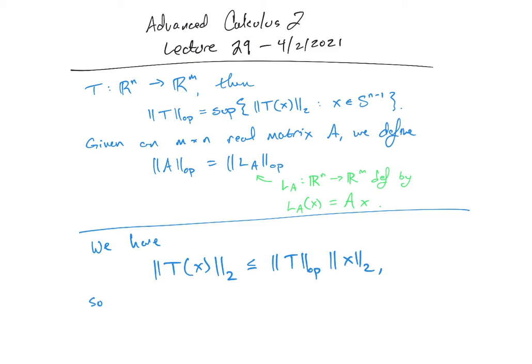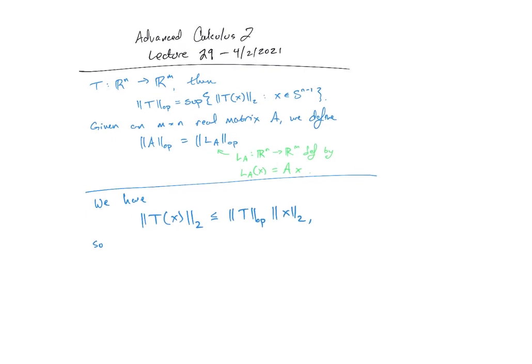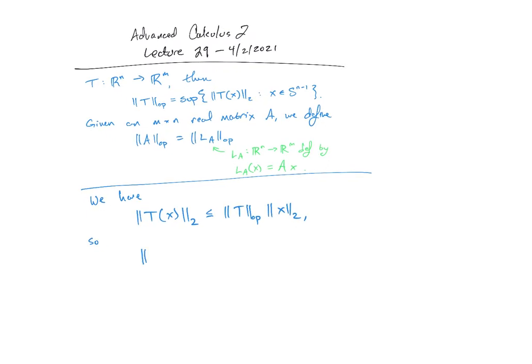Now, I'll just point this out because if you've had a course in linear algebra, you might be thinking this. This is very strongly related to eigenvalues. In linear algebra, you have the spectral radius of a matrix, which is the absolute value of the largest eigenvalue. Sorry, I got ahead of myself here. I should talk about matrices first.